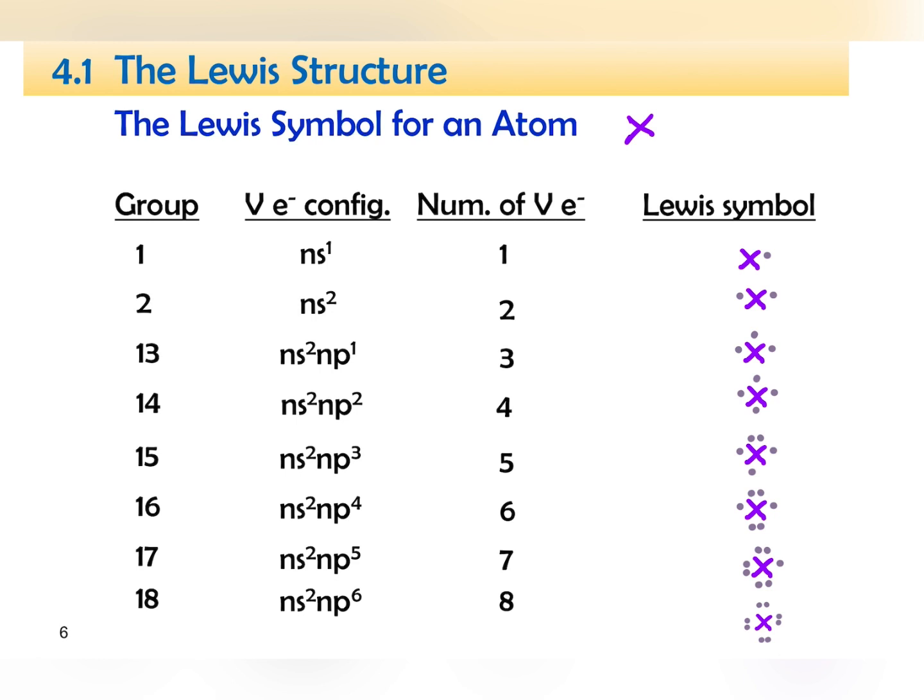Okay, so contoh kita tengok group 14 pula. If X adalah group 14, so the valence electronic configuration adalah ns2 np2. So di sini ada berapa valence electron? 2 tambah 2 kamu dapat 4. So maksudnya di sekeliling X tu akan ada 1, 2, 3, 4 dot to represent 4 valence electrons.